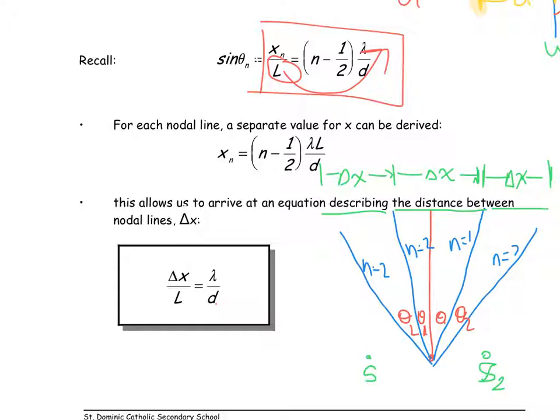So what this formula here that I have on the right allows us to do is to determine the distance between the nodal lines. So let me write some of this out here. This x right here is the distance between nodal lines. Lambda is, of course, the wavelength.